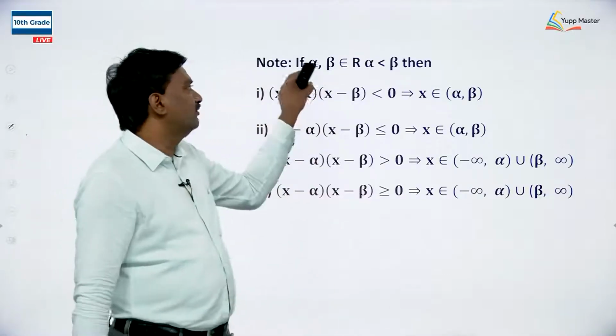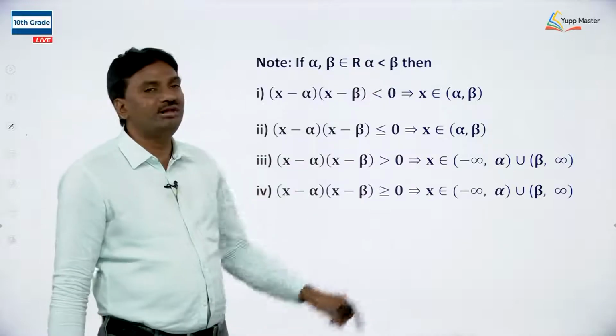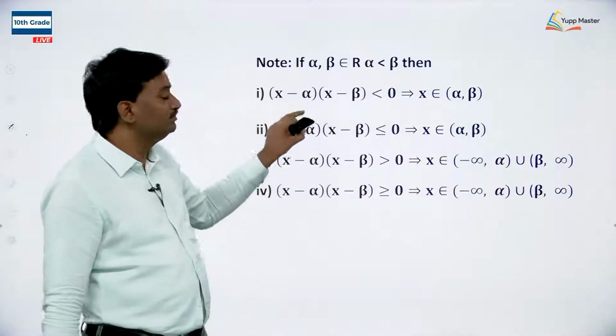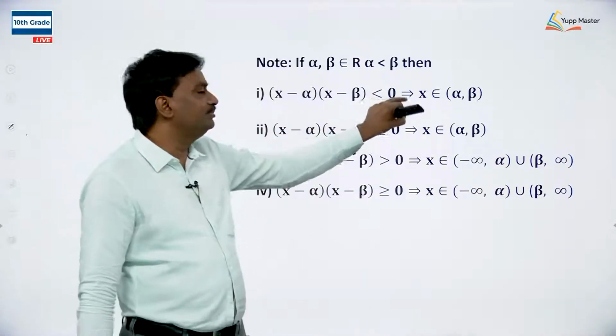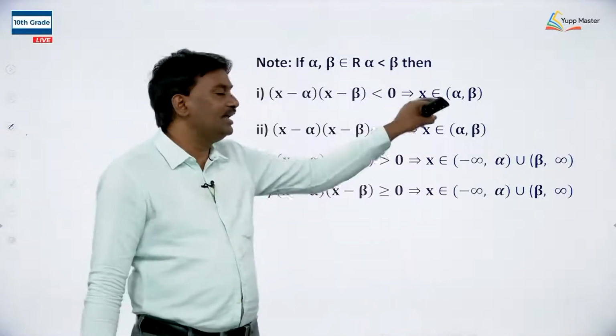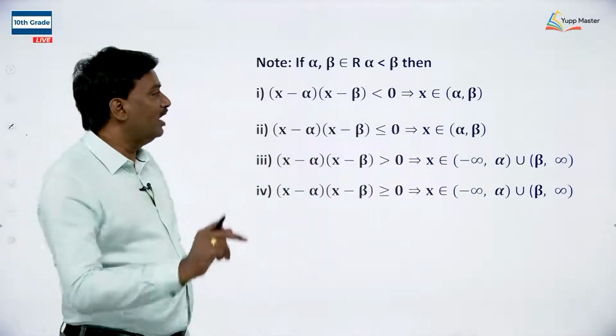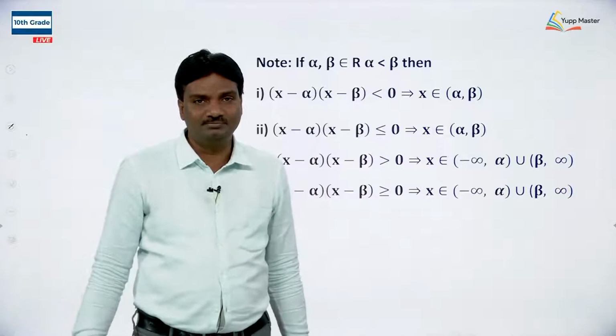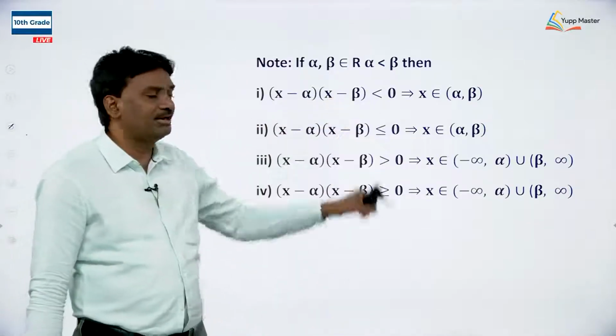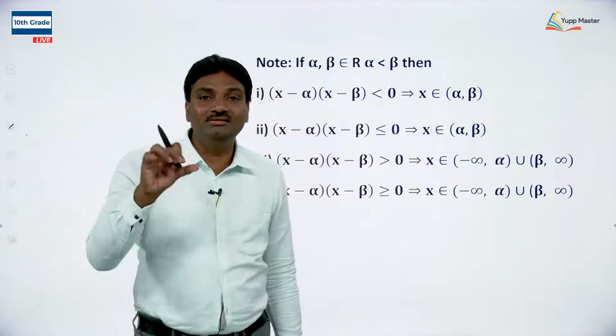So, if alpha, beta belongs to R and alpha less than beta, then the first case is: if (x minus alpha) and (x minus beta) is less than 0, then we can take the domain as x belongs to (alpha, beta). Less than 0 means negative.